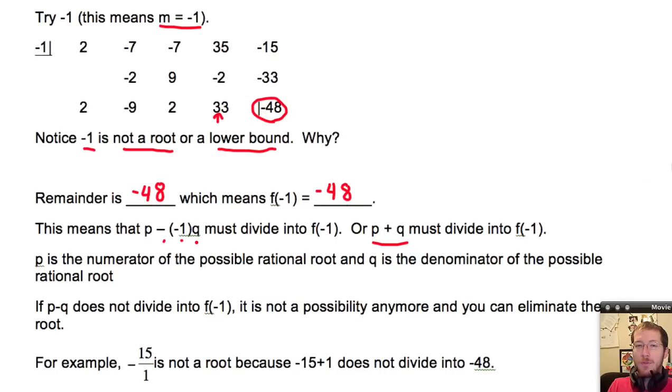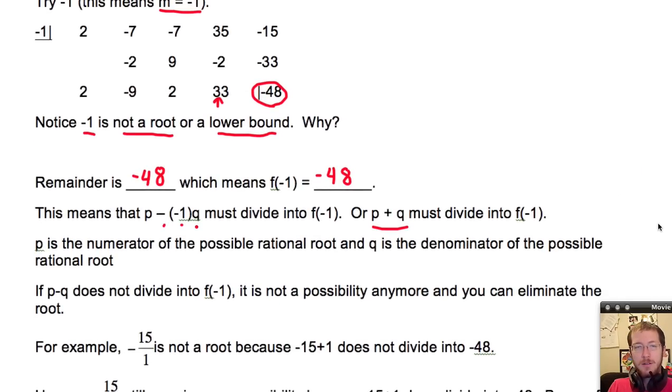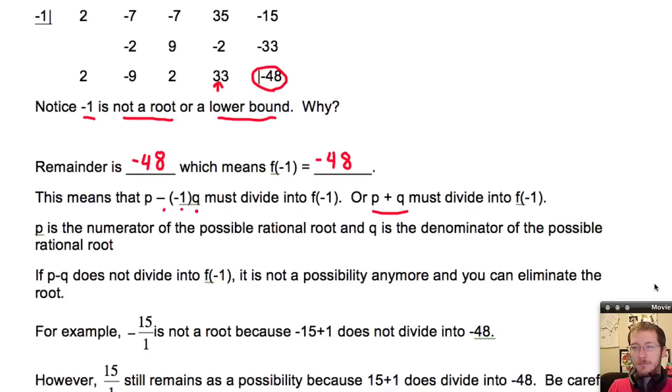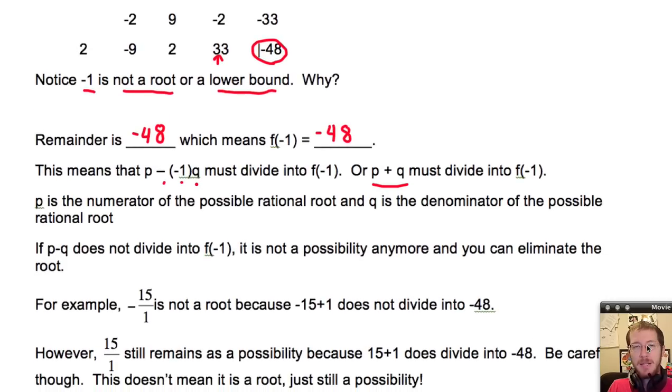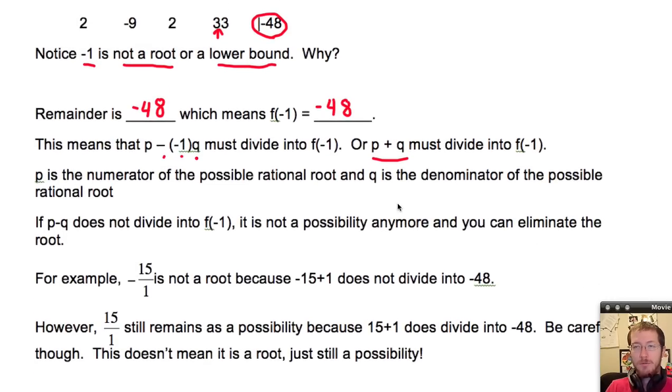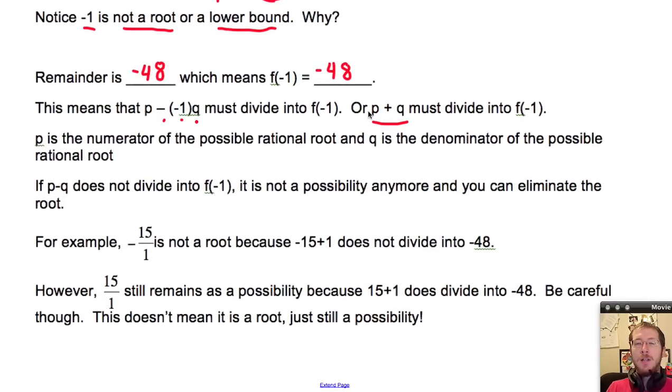So we can go through our list of roots and pick out, we can just go left to right and see which ones P plus Q, or in this case numerator plus denominator, is a factor of -48. If it's not, then we can cross it out. We don't need to do synthetic division with it. Adding the top and the bottom will be a lot quicker than doing synthetic division with all of those roots.